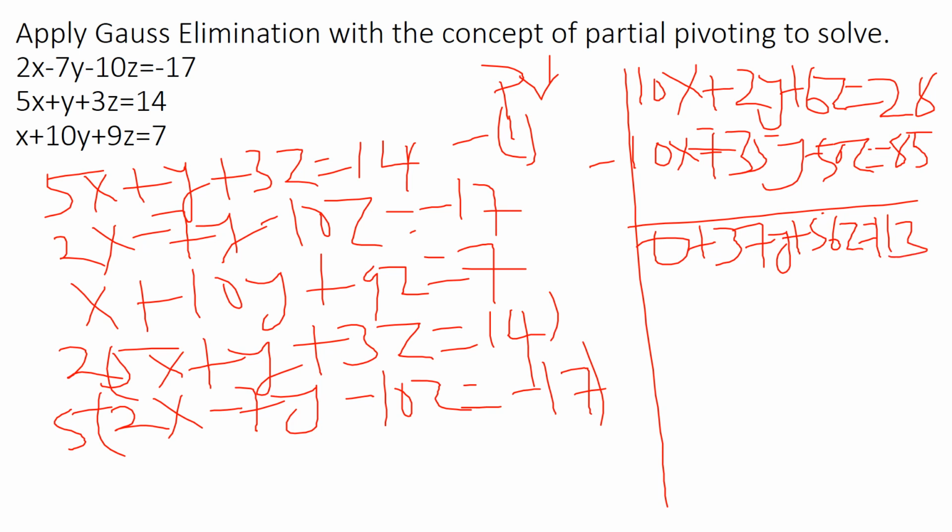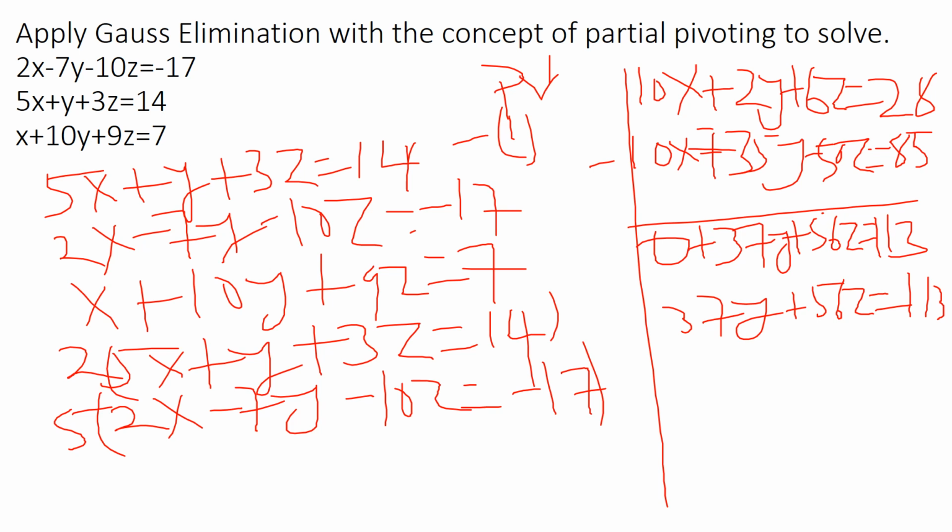This one becomes our second pivoted equation, that is equation 5 that we get. So 37y plus 56z equals 113. So this one is our second pivoted equation.